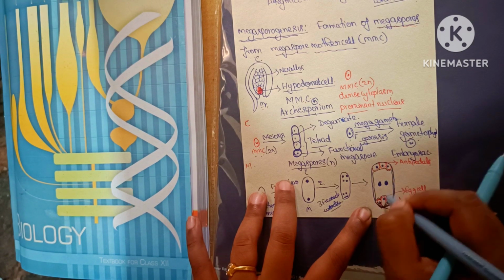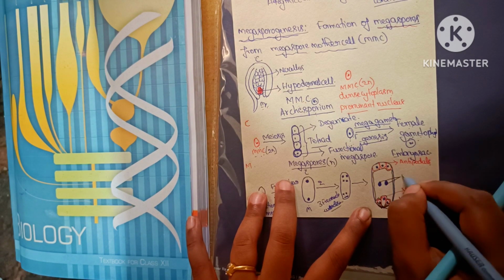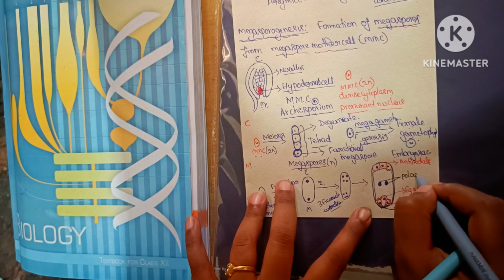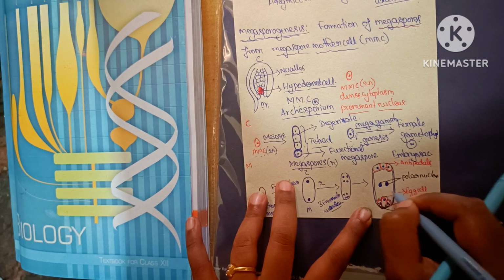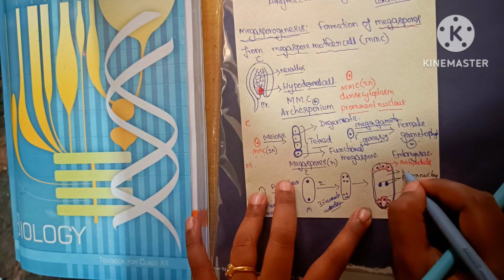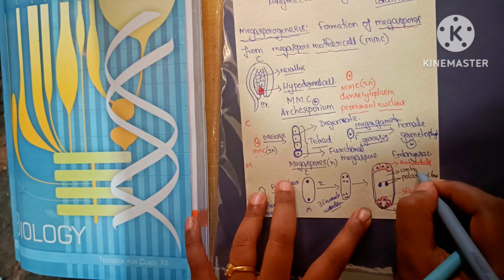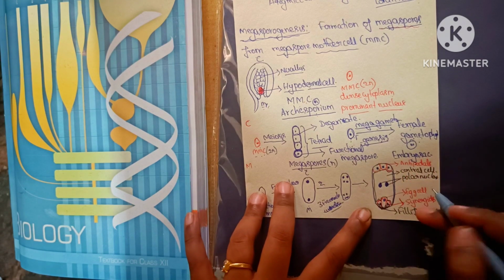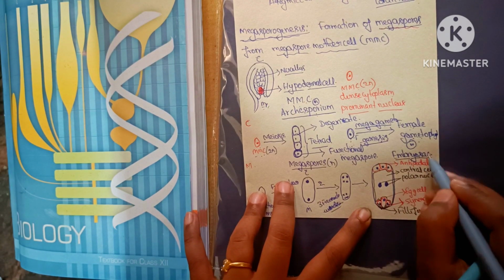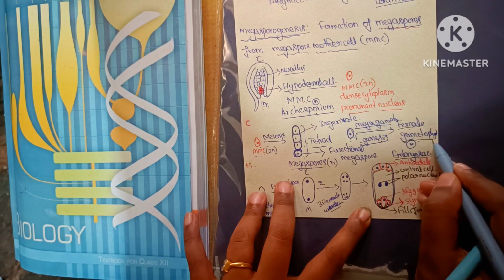Since they are from the poles, one from chalaza, one from micropyle, they are called polar nuclei, and the cell which contains polar nuclei is called the central cell. Okay, so this is a complete embryo sac or the female gametophyte.